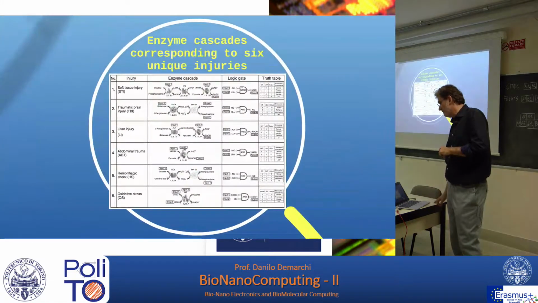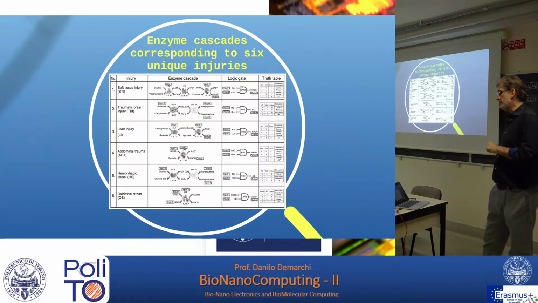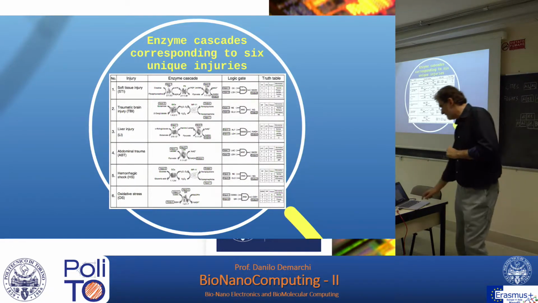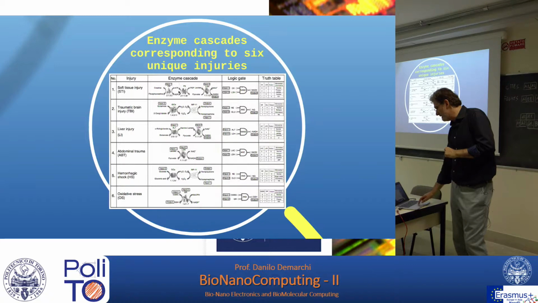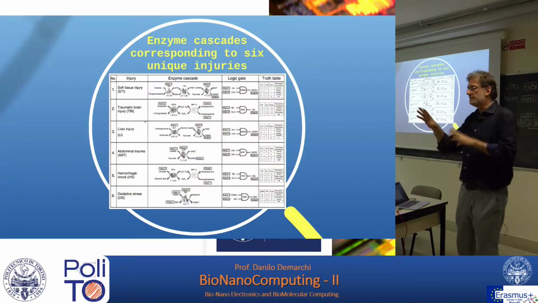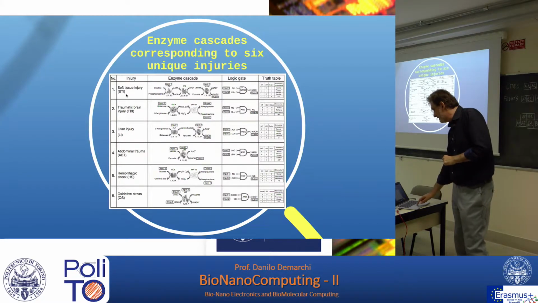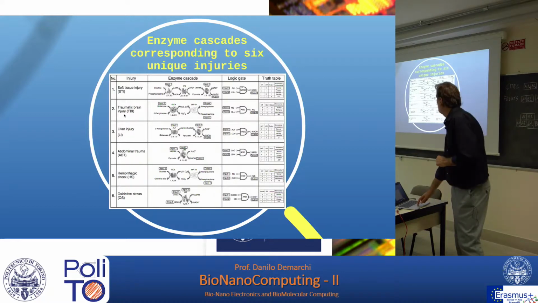But coming back to enzymes, what some colleagues did in this case is they put in the same solution several enzymes, designed in the right way for detecting soft tissue injury, traumatic brain injury, liver injury, abdominal trauma, hemorrhagic shock, and oxidative stress.